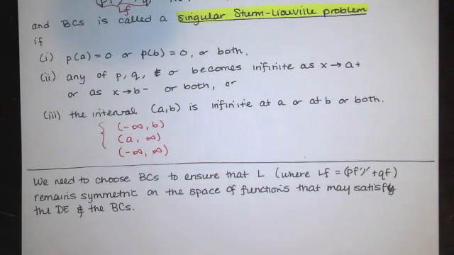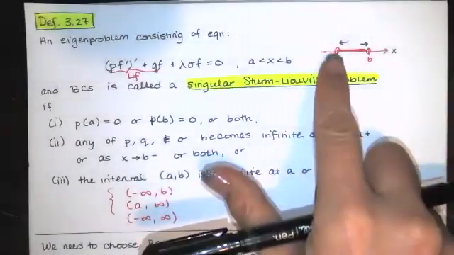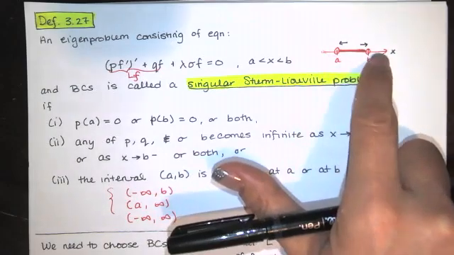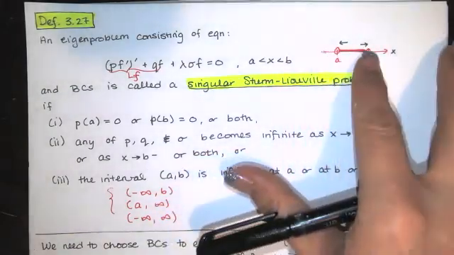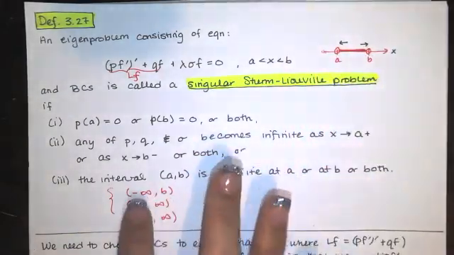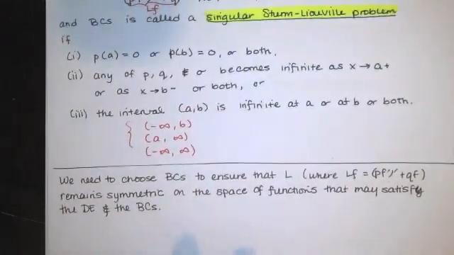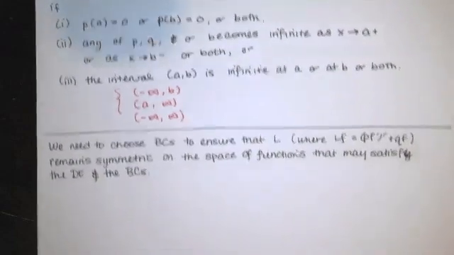If the function and its derivative remain bounded as we approach the left endpoint or the right endpoint of our interval, whether that endpoint is a finite number or we're going out to negative infinity or going out to positive infinity, then the operator L is often symmetric on the space of functions that we're interested in.